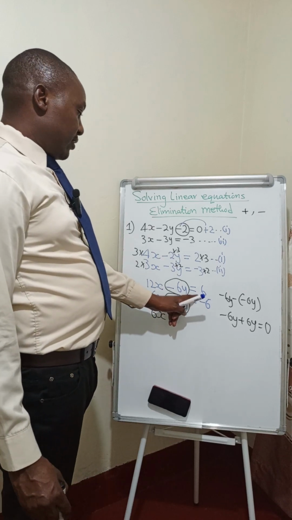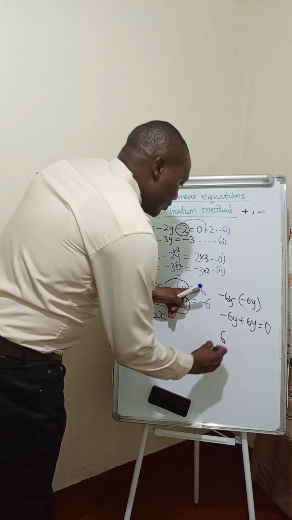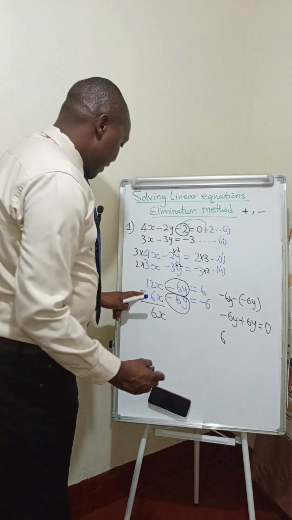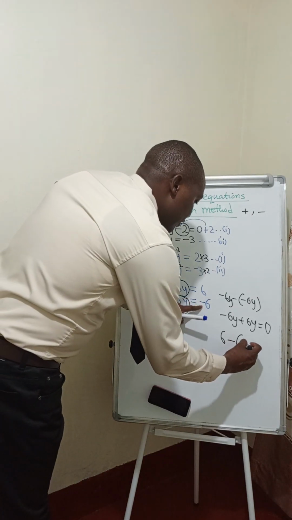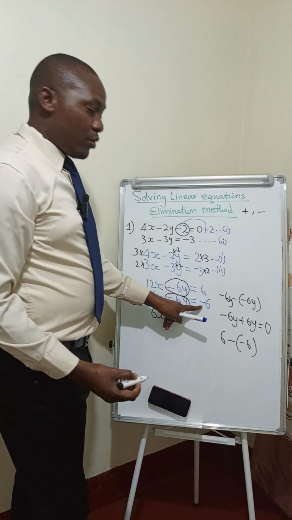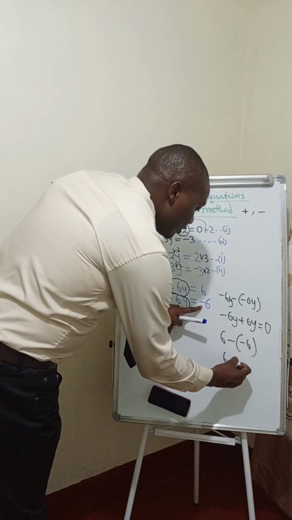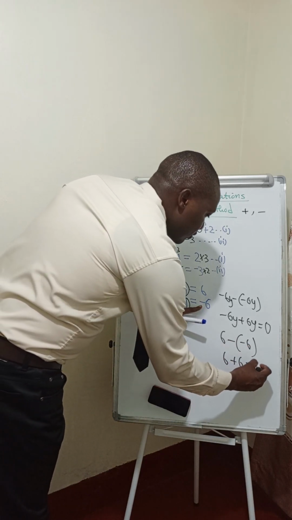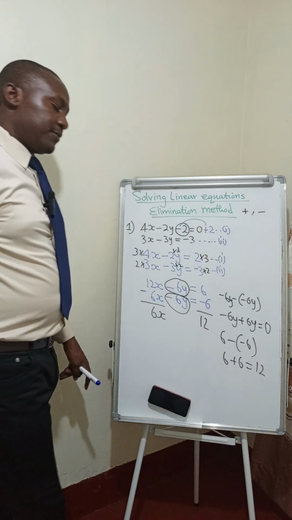Come this side again. You have positive 6 minus negative 6. What do you get? Negative times negative, positive 6. This will give you 12. So here we have 12.